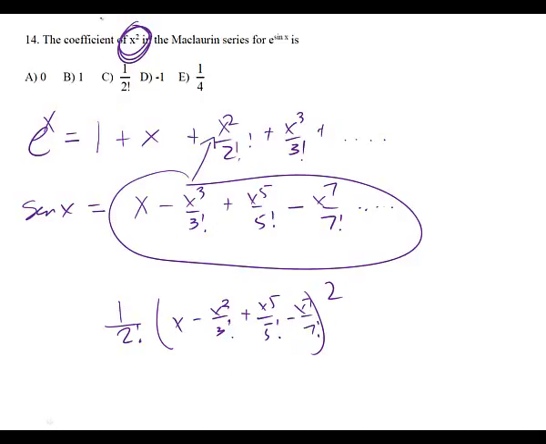Read the question. What do they want? The coefficient. Look at your answer choices. These other terms are probably going to be negligible at some point.